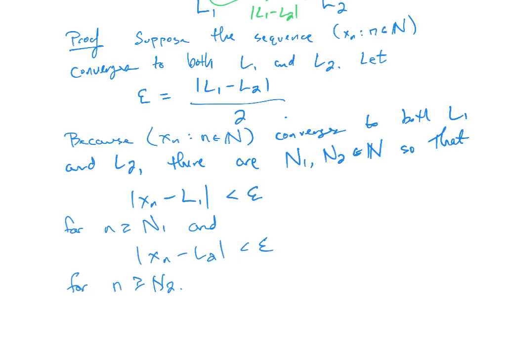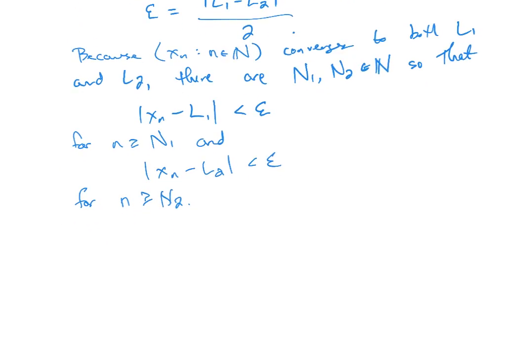Since one of N1 and N2 is going to be greater than or equal to the other, couldn't we just pick the maximum of N1 and N2? Sounds good to me. Yeah. Let capital N be the maximum. Then for little n at least capital N, we're going to have both of these conditions, right?